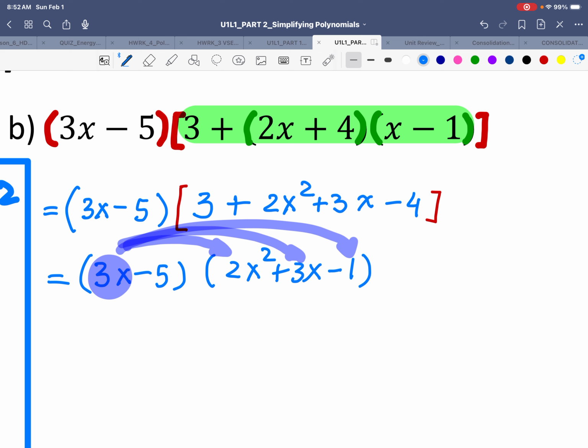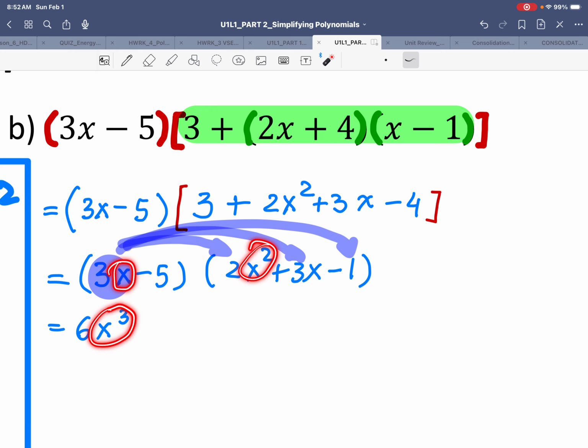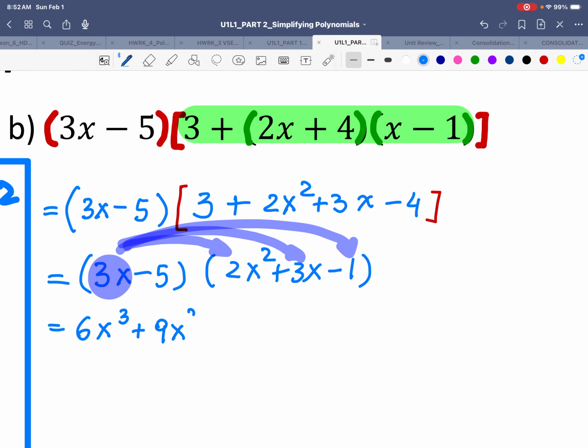And this will give 6x to the power of 3. Remember that x times x squared will bring x to the power of 3, and you multiply the coefficients, plus 9x squared minus 3x. So this is this part of the expression.